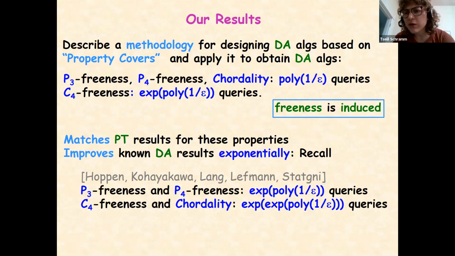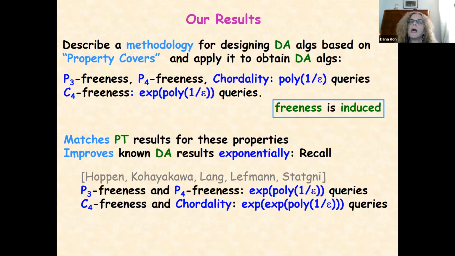Maybe you'll get to this later, but is it a coincidence that you're matching the result for property testing, or are you doing some sort of reduction to property testing? So it's not a reduction. We do build on these underlying combinatorial structures, which are also used in property testing, but it's not by reduction. It wasn't clear that even if we use those properties, it would really give us the same.